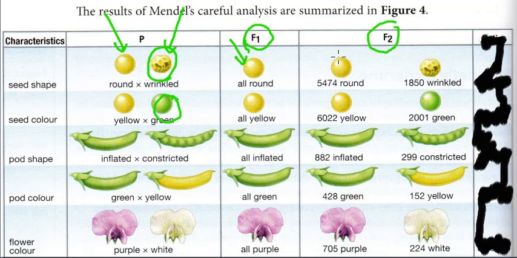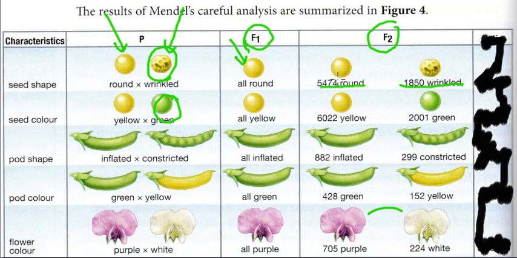The seeds are not all round. Some of them are round, some of them are wrinkled. The same thing goes with the seed color, the pod shape, the pod color, and the flower. So there is an interesting concept going on here: when you cross these two, the results become one particular trait, and when you cross it with itself again, the traits come back.